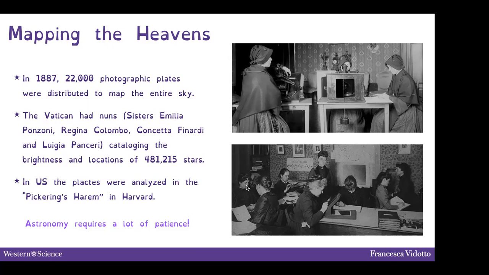So you see here, in 1887, there was the development for the first time of photography. Photography before was not an instrument for astronomy. In the moment in which it became available, there were more than 20,000 plates of pictures of objects in the sky.